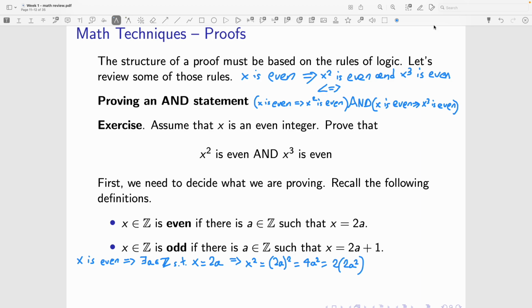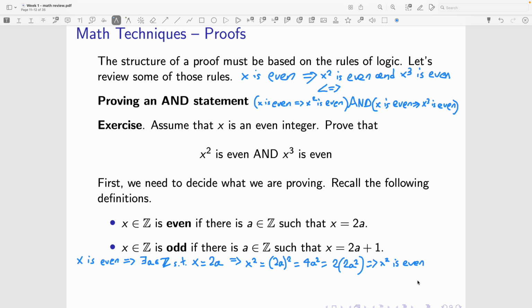So we were given, as part of our axioms, that multiplication and exponentiation work as we were taught in grade school. And also that an integer times an integer is also an integer. We see that x squared equals 2 times some integer, which means it's even.